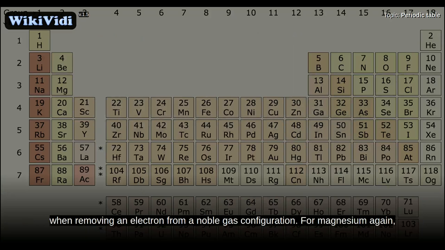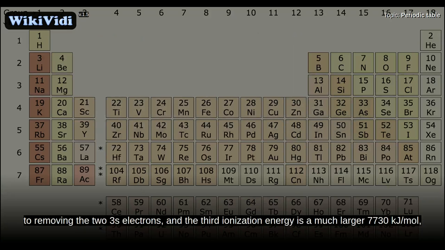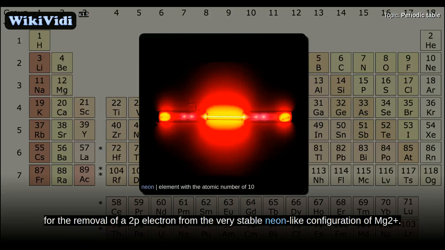For magnesium again, the first two molar ionization energies given above correspond to removing the two 3s electrons, and the third ionization energy is a much larger 7,730 kilojoules per mole, for the removal of a 2p electron from the very stable neon-like configuration of Mg2+. Similar jumps occur in the ionization energies of other third-row atoms.